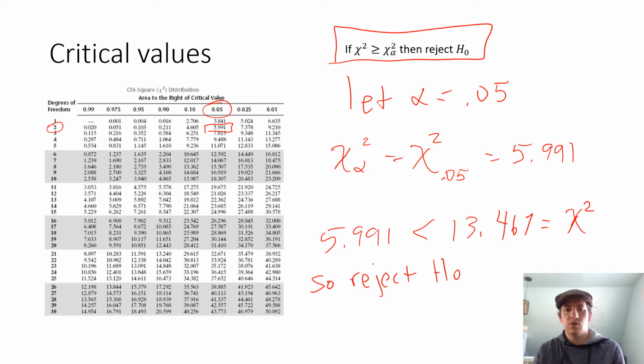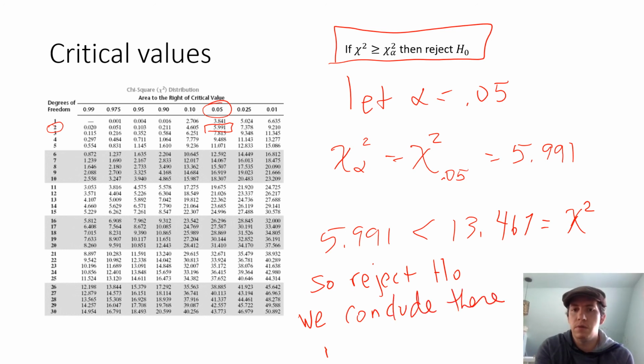In a chi-squared test for association, the null hypothesis is always that there is no association. So we reject that there's no association and support the alternative hypothesis. The alternative hypothesis is always, for these types of tests, that there is an association, which is the exact opposite of the null hypothesis. So there is an association. We conclude there is an association.